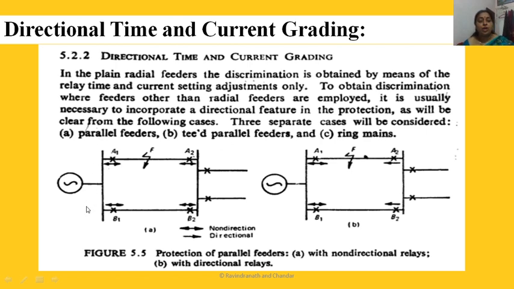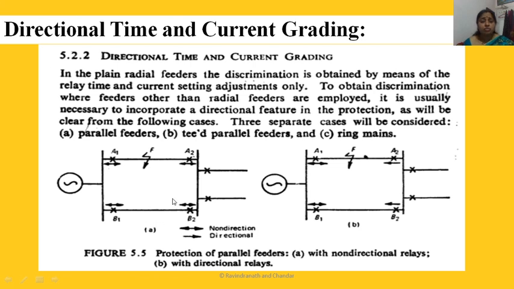Generally, a non-directional relay is economical or less costly because it involves only one unit, while in a directional relay we have a directional unit as well as an overcurrent unit. The upper one is the directional unit and the lower one is the overcurrent unit, which we have seen in our earlier lecture.